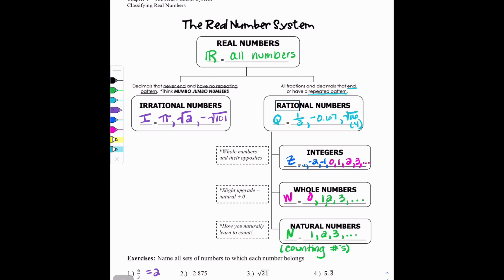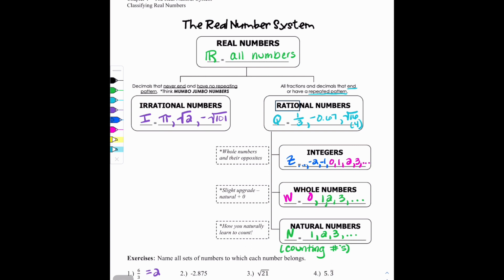I'm also an integer. That means I'm also rational. And that means I'm also a real number. So because of where that fits in the hierarchy and the categories, I know all of the sets it belongs to.